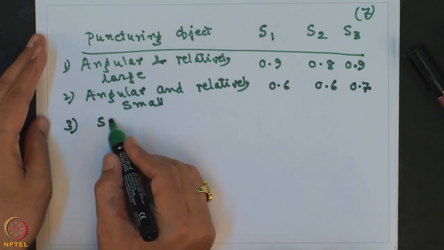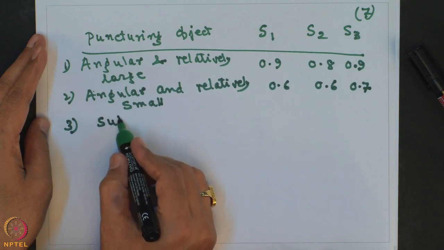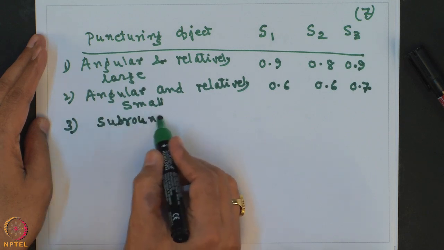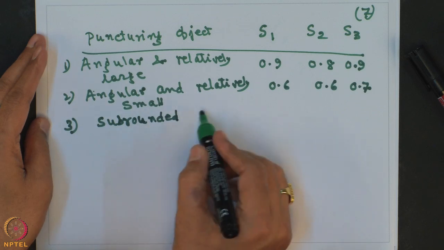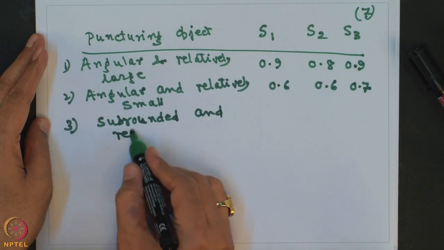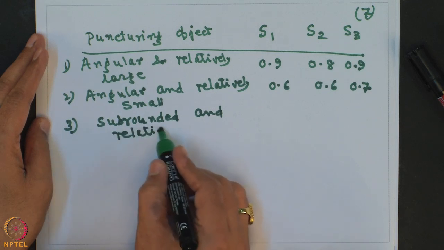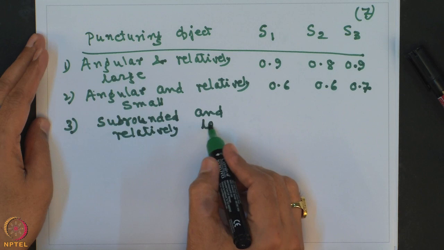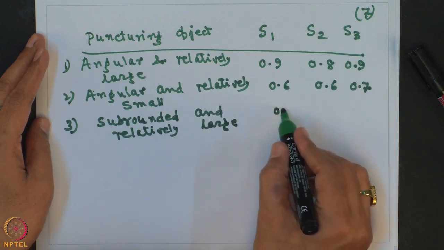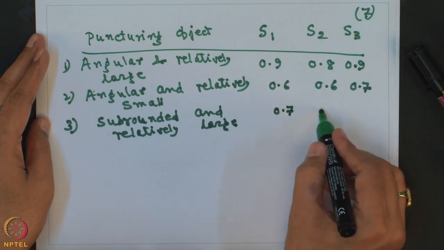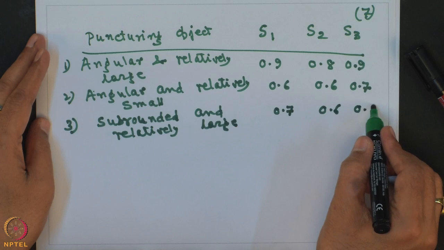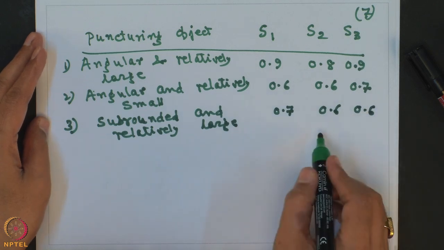Third, if it is sub-rounded and relatively large, then S1 value is 0.7, S2 value is 0.6 and S3 value is 0.6.